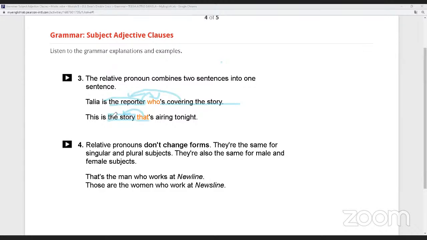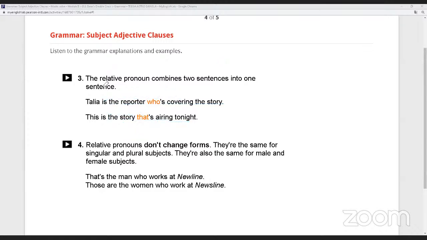Correct. So the story is the subject of the sentence, okay? So we're using the relative pronoun that, and in our adjective clause, we're finding more information about what? About the story. This is a story which is airing tonight, or that is airing tonight.